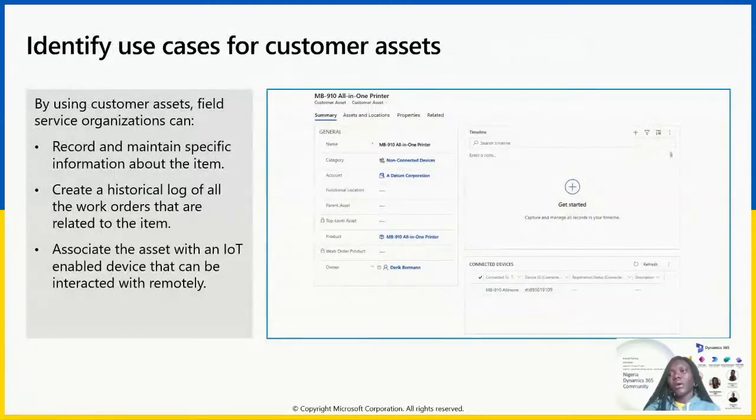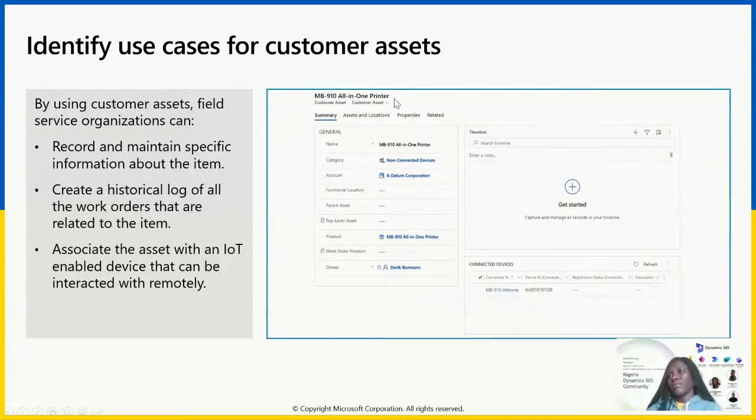So now, looking at use cases for common customer assets. By using customer assets, field service organizations can record and maintain specific information about a particular item. You can see there's this all-in-one printer here.